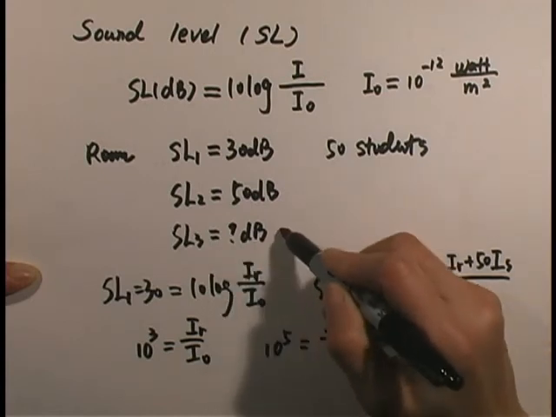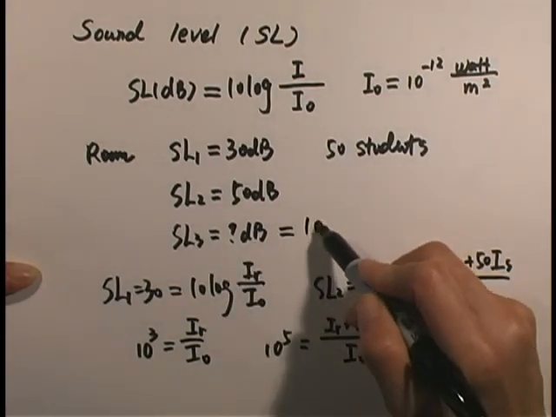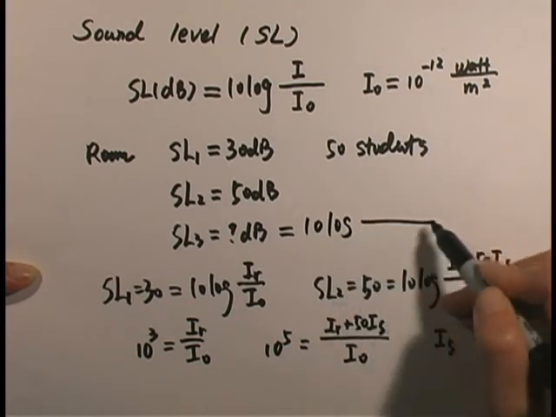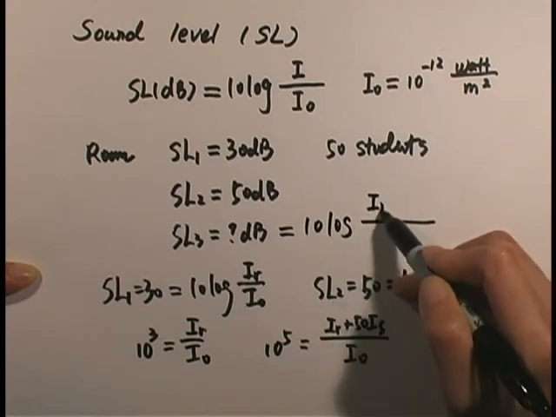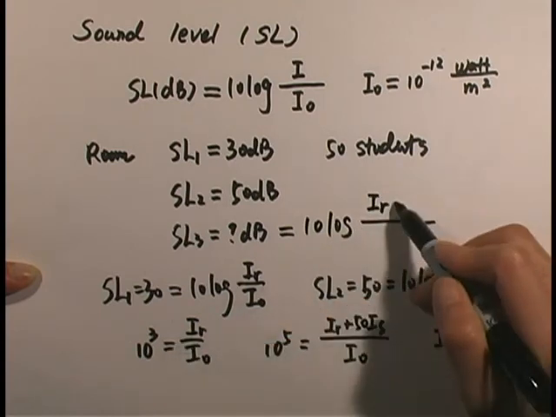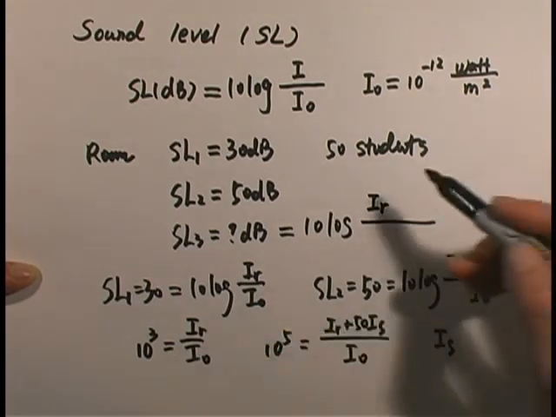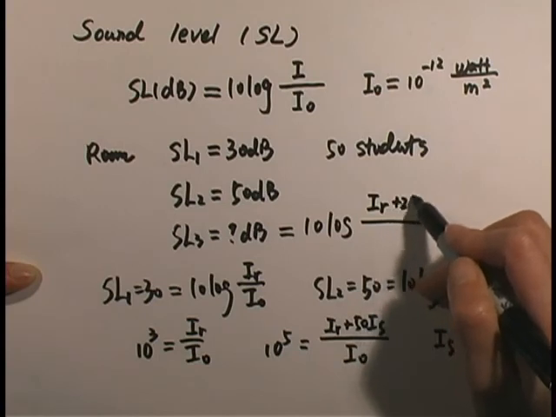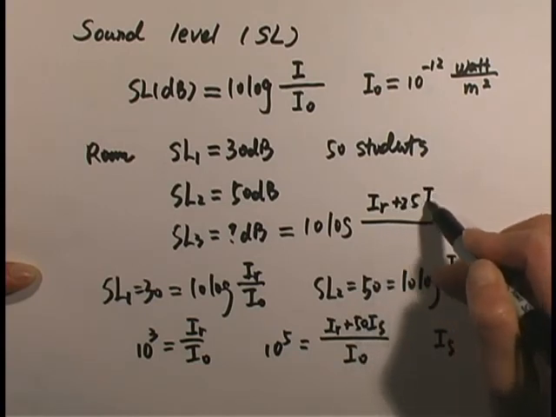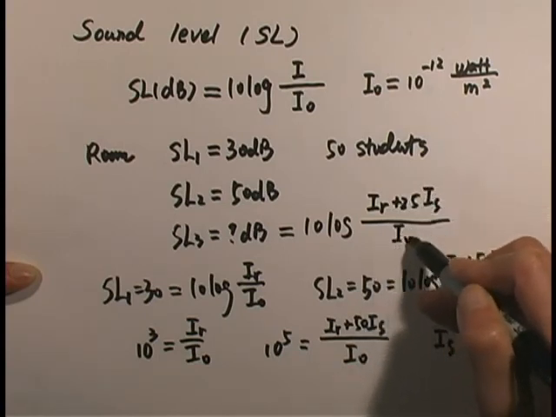Therefore, this is a case of 10 log. Once we get I of room from here, you can use I room as 10 to the 3 of I naught, plus 25 I of S over I naught.